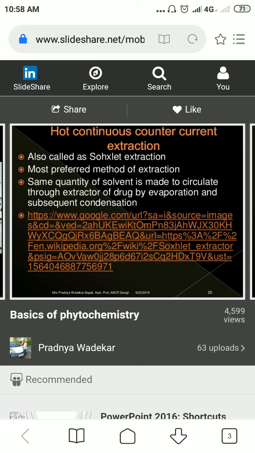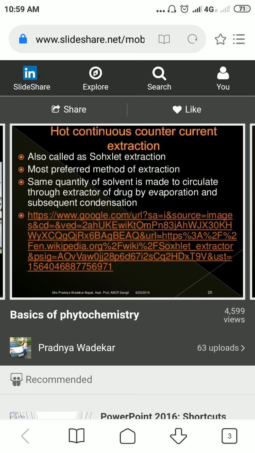So one of the main methods of extraction which is in use is continuous hot extraction, but we have to study it afterward. First we have to discuss the assembly related to Soxhlet apparatus.